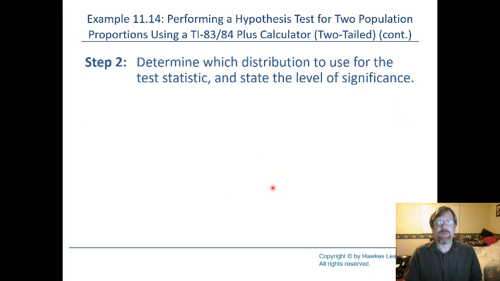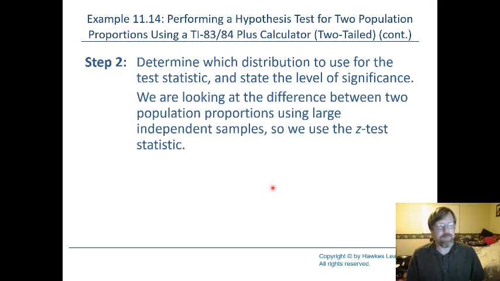Okay, so what distribution do we want to use, what test statistic is appropriate, and what's the level of significance? So again, we're looking at the difference between two population proportions. They're fairly large samples, so we should use the z-test.